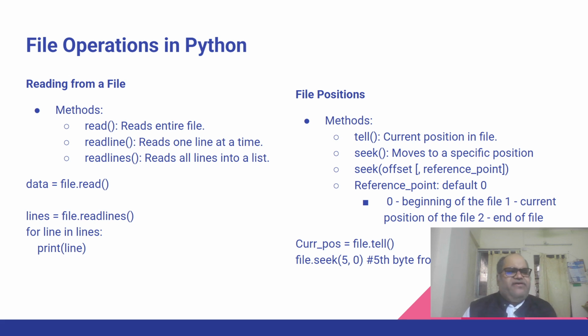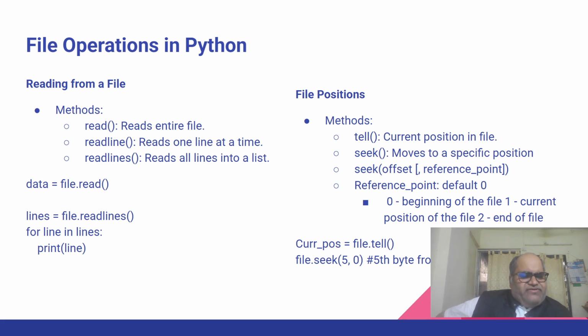Okay. Now let's look at file operations, which is reading from a file. read will read the entire file from the file object, so we simply call file.read. readline will read one line at a time, and readlines will read all lines into a list, and then you can iterate over it.